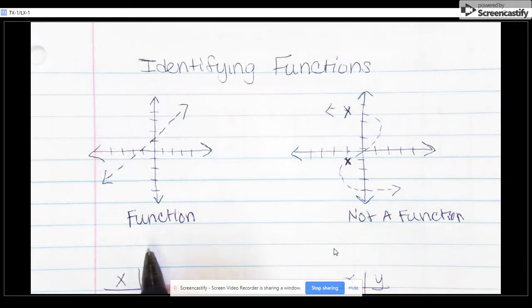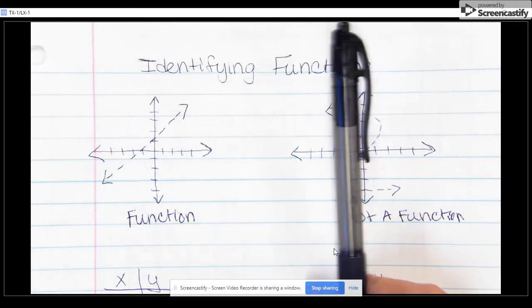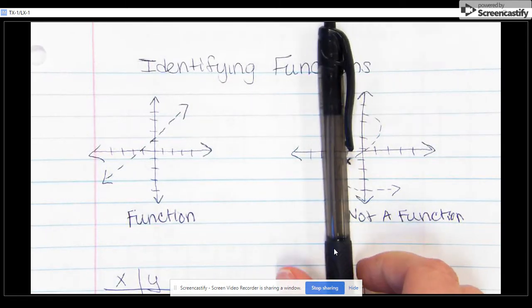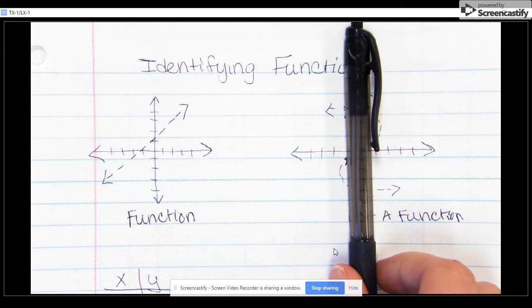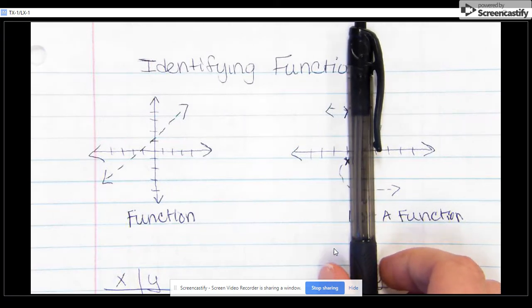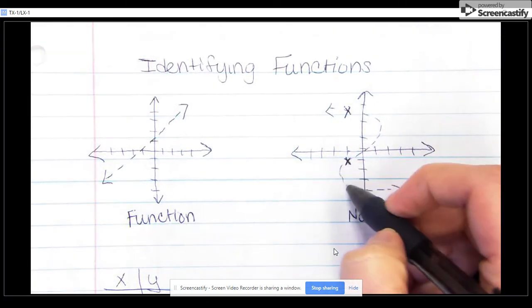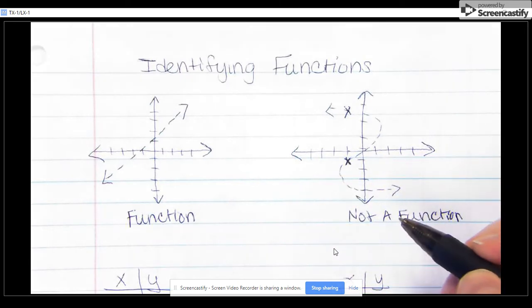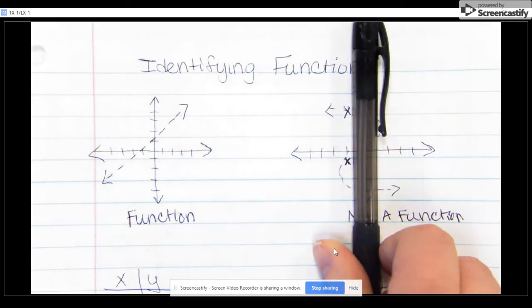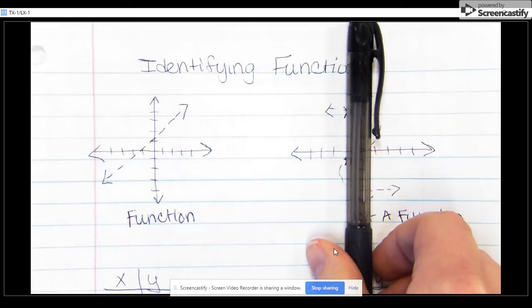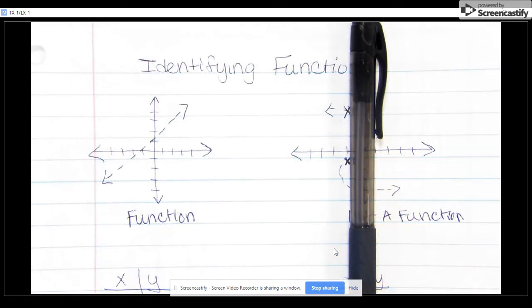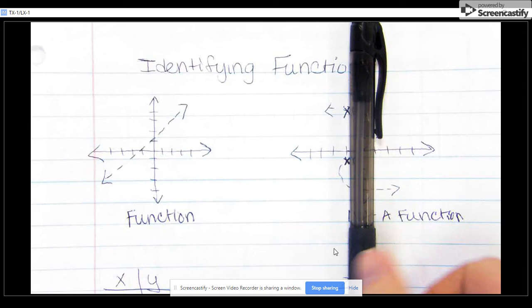So that means it's a function. Now if I do that with this graph, uh-oh, I have hit those same points again. There's actually another one down here that I missed too. But since I am crossing that dotted line more than once with my vertical line, that is not a function.